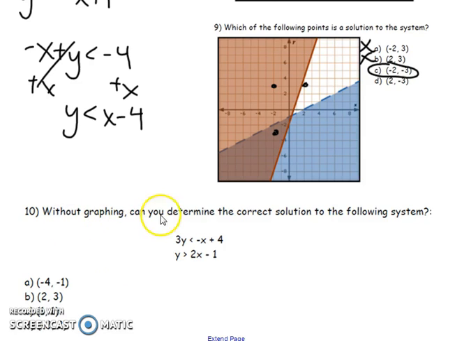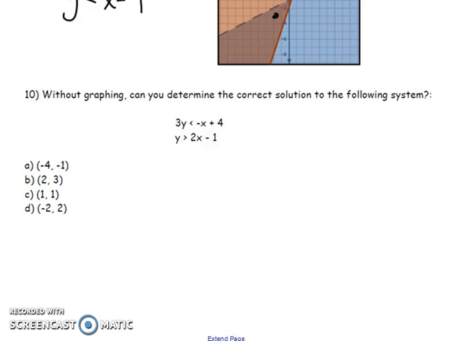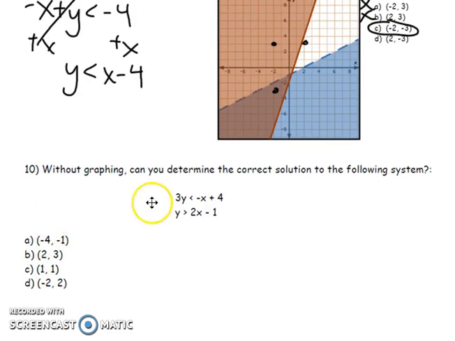Now down here, without graphing, can you determine the correct solution? What this means is I want to plug in an x and plug in a y and see if it works out. This equation at the bottom looks easier, so let me plug them into that problem first. Remember, this is your x coordinate and this is your y coordinate. So you're going to put y right here, -1 greater than 2 times x, so 2 times -4, minus 1.